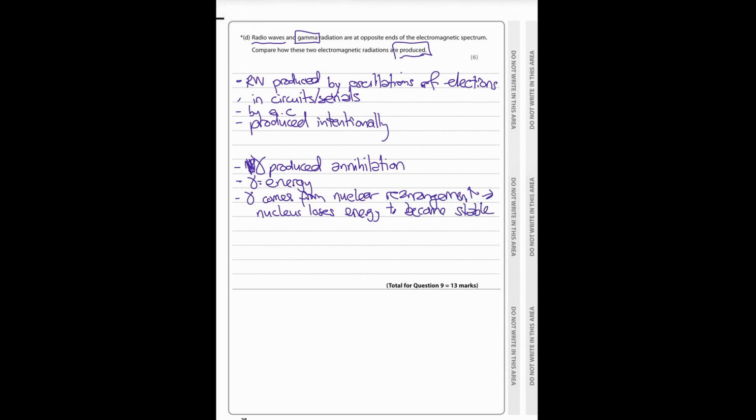Now I've said quite a few things for radio waves and quite a few things for gamma. Is there anything else I can say for gamma? Well, I also know that it's released during fission and fusion. Again, I've remembered that from my content revision. So, released during fission and fusion, and again, this is energy. So I'm making sure that I'm putting that in there as well.